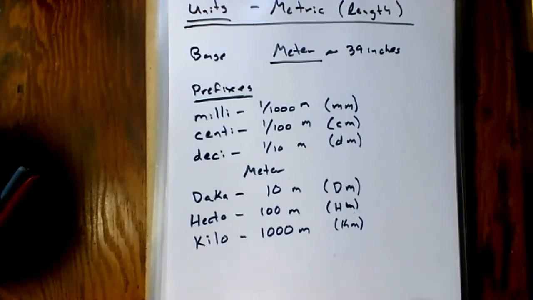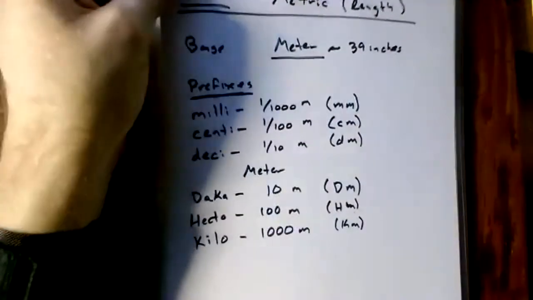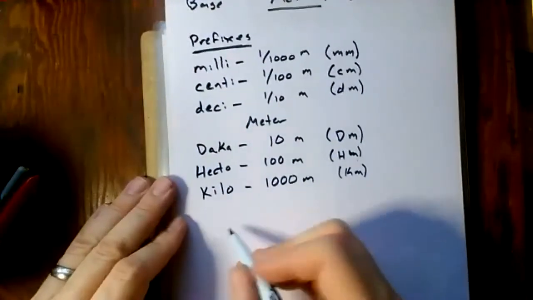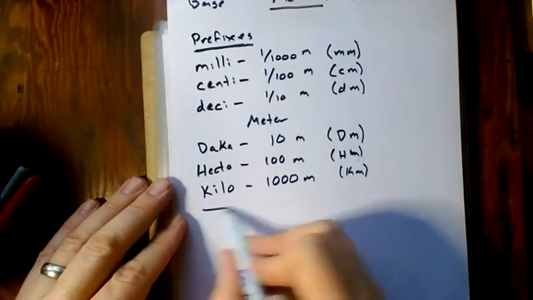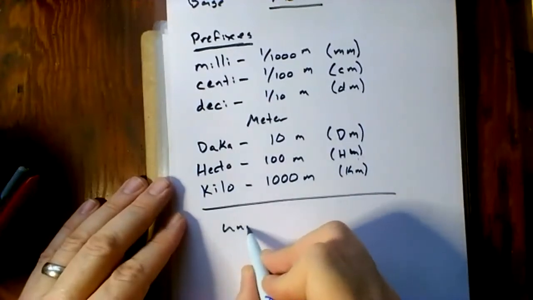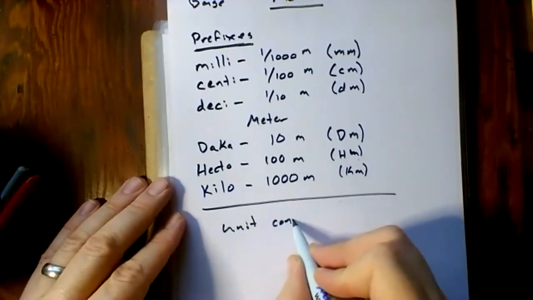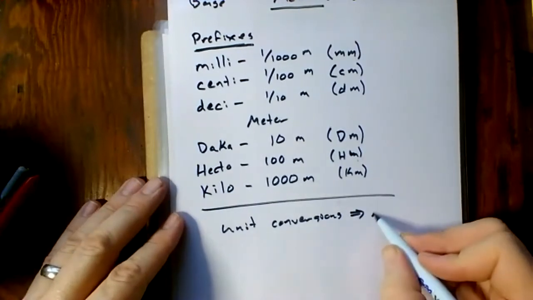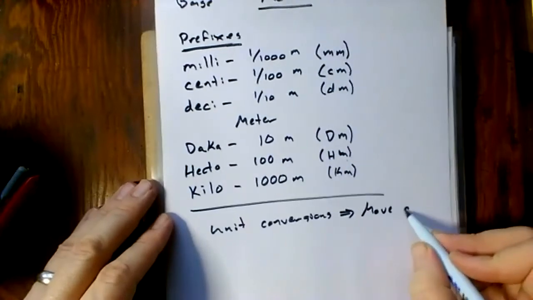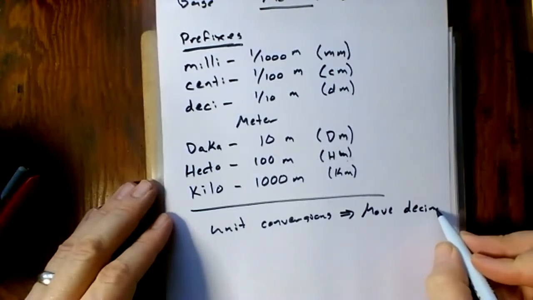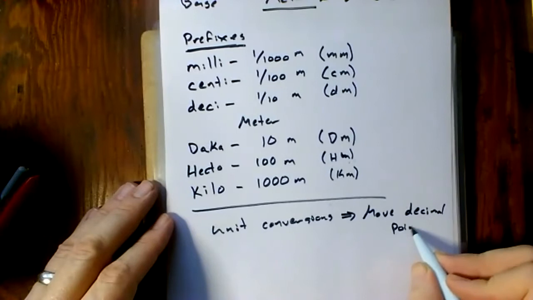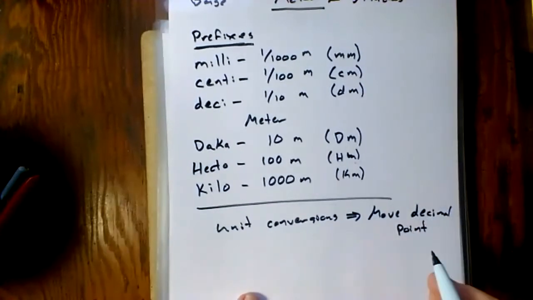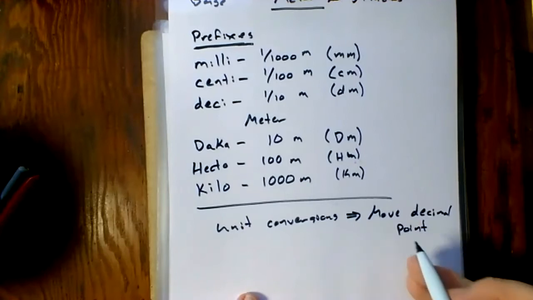So for your unit conversions, you're going to move your decimal point. The digits themselves won't change. It's only where you're going to move that decimal point.